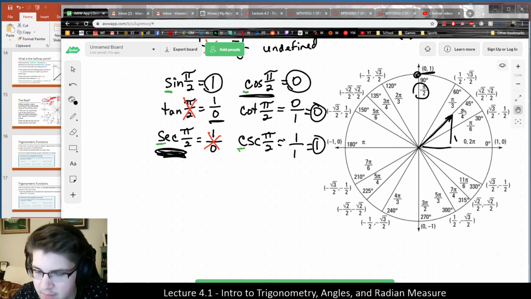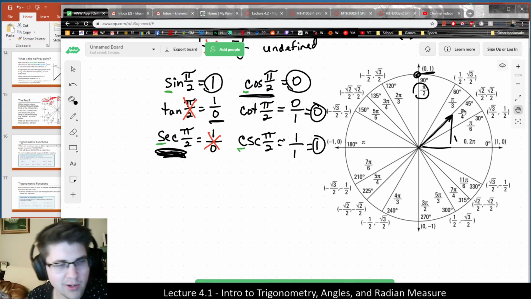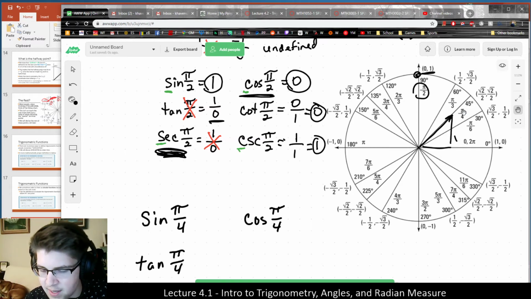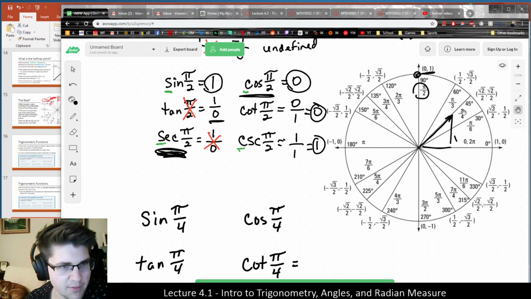Let's try and work on pi over 4, part B of this example from the packet. Again, we'll try to evaluate each of the 6 trigonometric functions at those points. So we'll start with sine of pi over 4. I'll go ahead and just write them all out. Cosine of pi over 4. At some point, it becomes a little bit tedious because it's just a matter of doing fractions and various different fraction math.